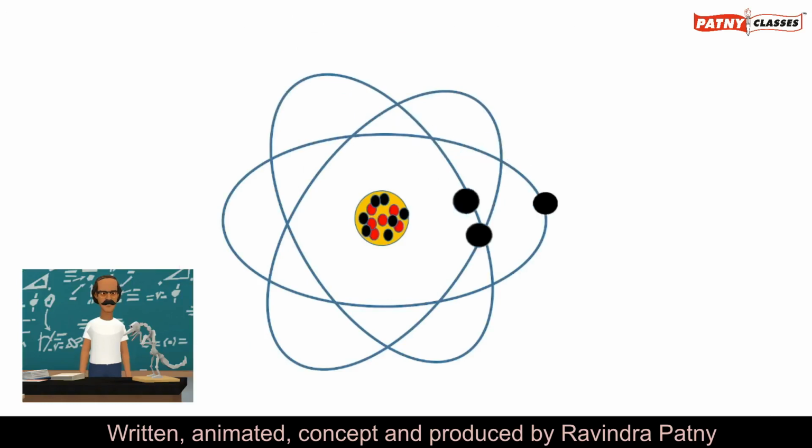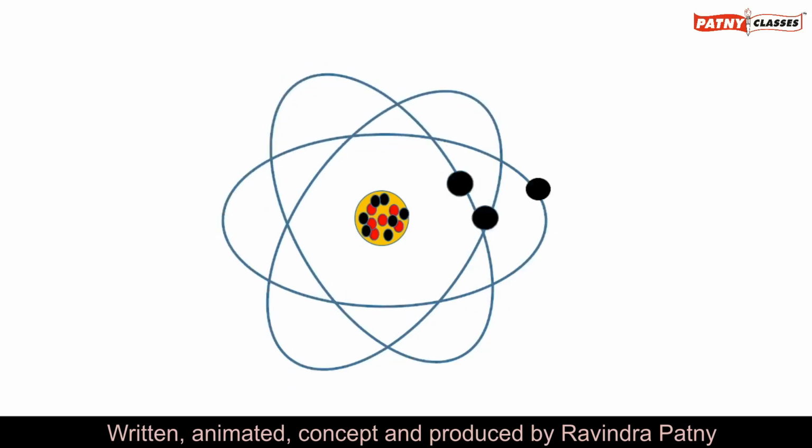An atom has further smaller things which keep revolving in a particular orbit, like here are three objects revolving around the central part. The central part is called the nucleus. These revolving objects are called electrons. The electrons keep moving, orbiting around the nucleus.